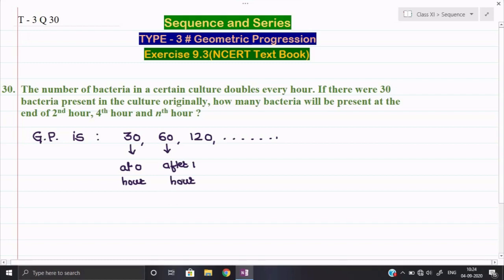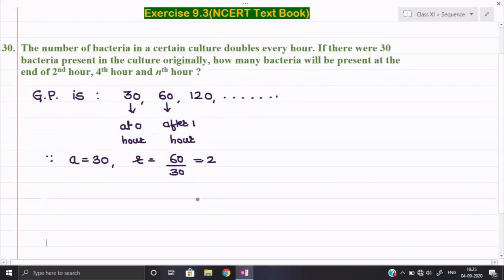Similarly after second hour the number of bacteria becomes 120. So here the value of A will be equal to 30, R will be equal to 60 upon 30, means it will be equal to 2, and the value of N will be different.